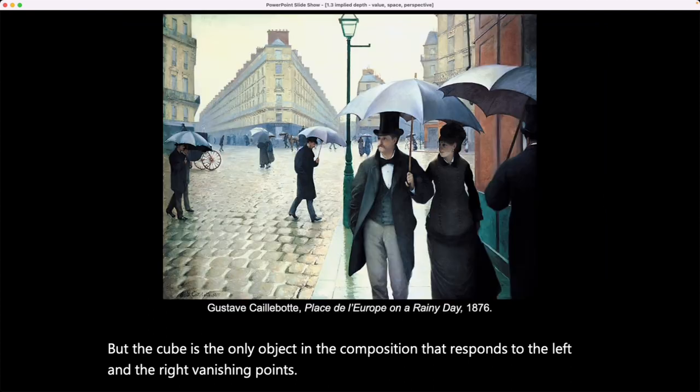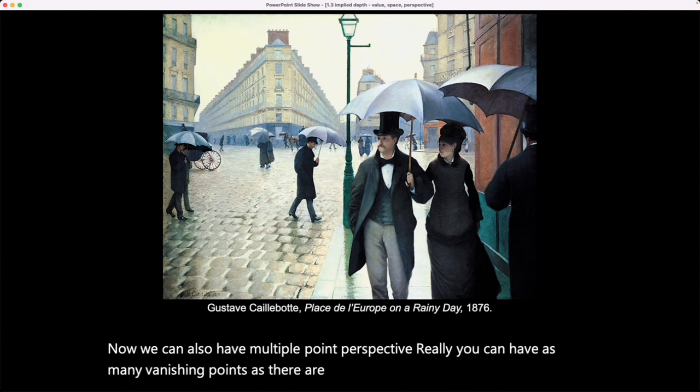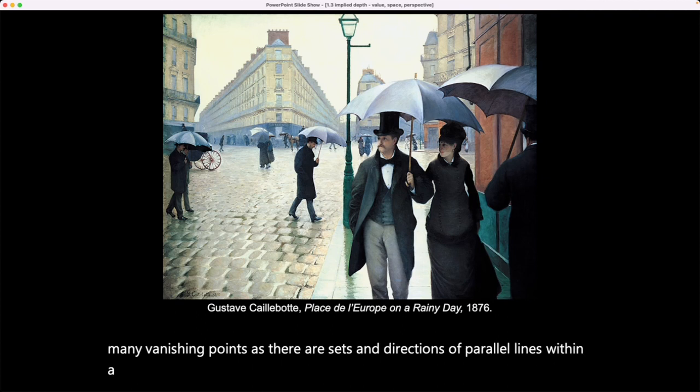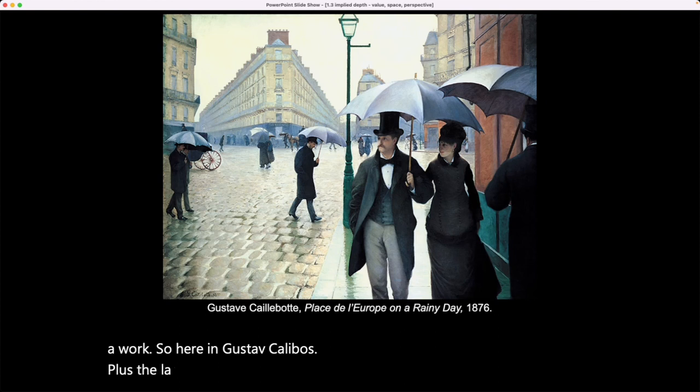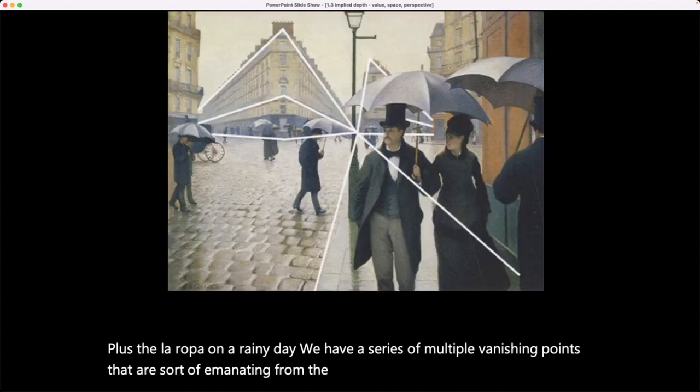Now we can also have multiple point perspective. Really, you can have as many vanishing points as there are sets and directions of parallel lines within a work. So here in Gustave Caillebotte's Place de l'Europe on a Rainy Day, we have a series of multiple vanishing points that are sort of emanating from the various intersections on this street.